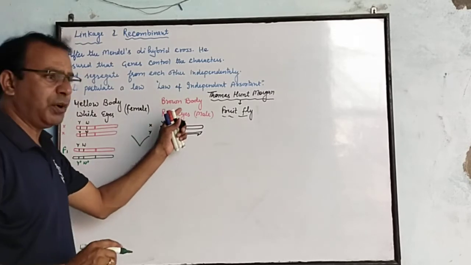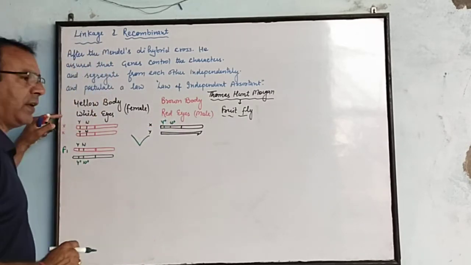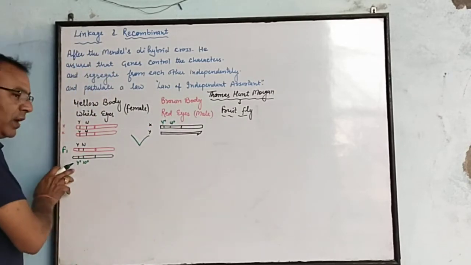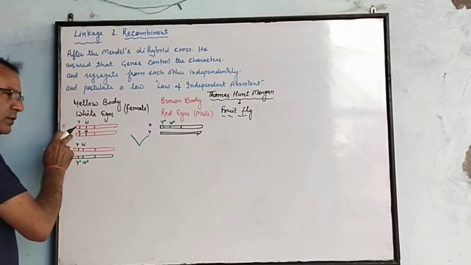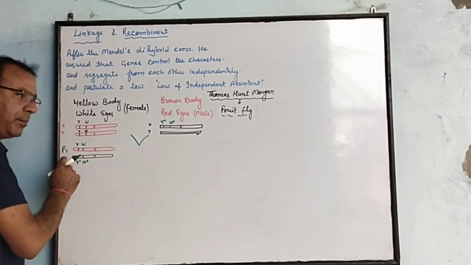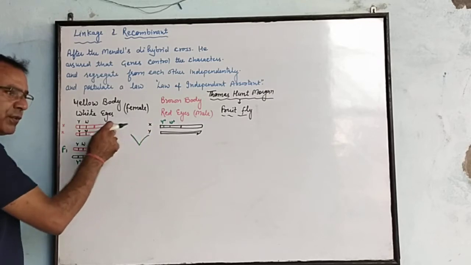Brown body, red eyes is dominant, whereas yellow body, white eyes is recessive. One chromosome is from the female and one from the male.